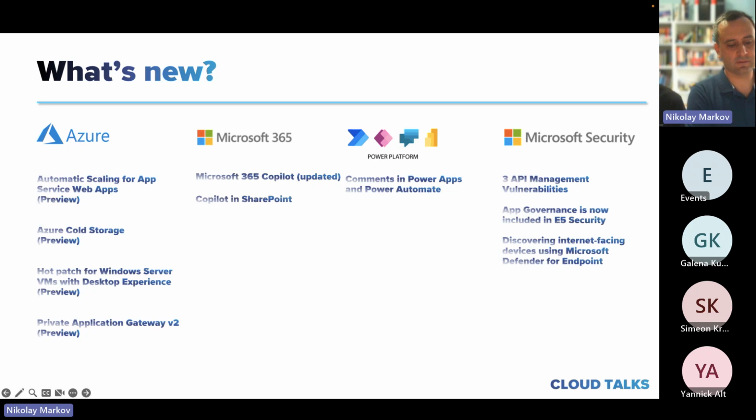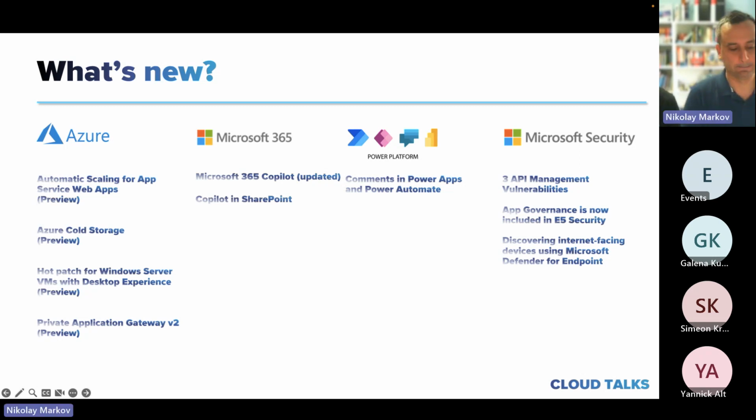And just a few random mentions about security. It's been a while since a security vendor covered new vulnerabilities in Azure, so we'll go briefly through the ones that were announced recently, as well as features that come directly with the E5 EMS licensing suite: the app governance feature, as well as the ability to scan for internet-facing devices using Defender for Endpoint.